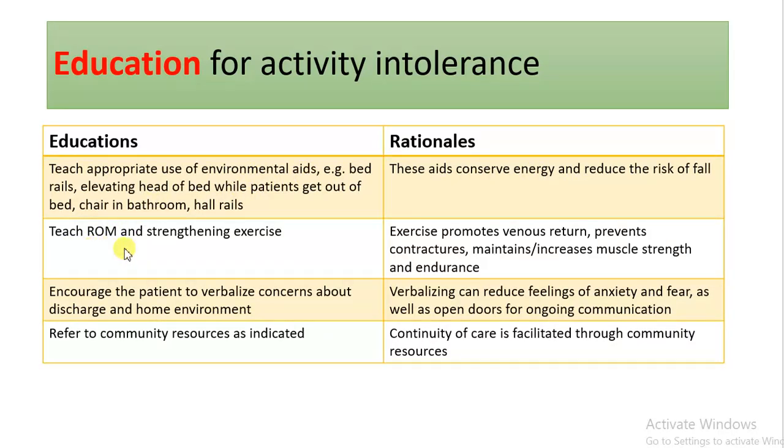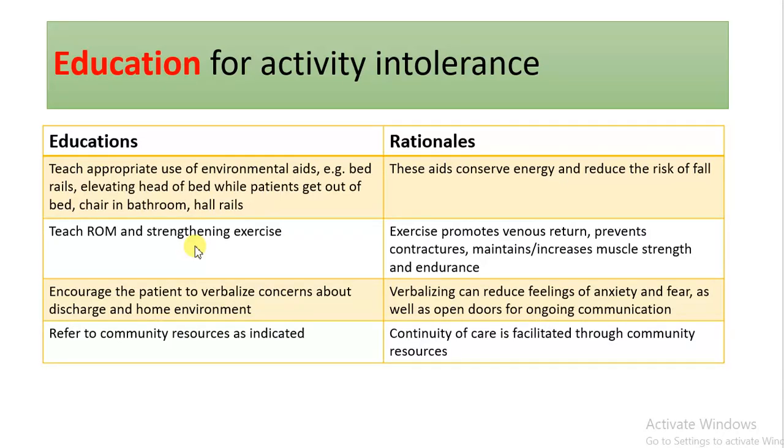Teach range of motion exercise and also strengthening exercise. The exercise promotes venous return, helps the cardiovascular system and pulmonary system, prevents contracture in the joints, and also maintains or increases muscle strength and endurance. Encourage the patients to verbalize concerns about discharge and the home environment.